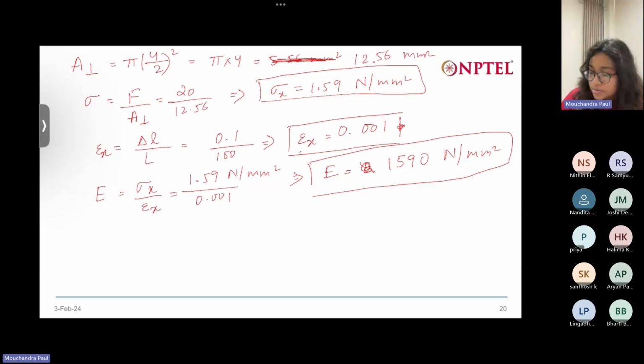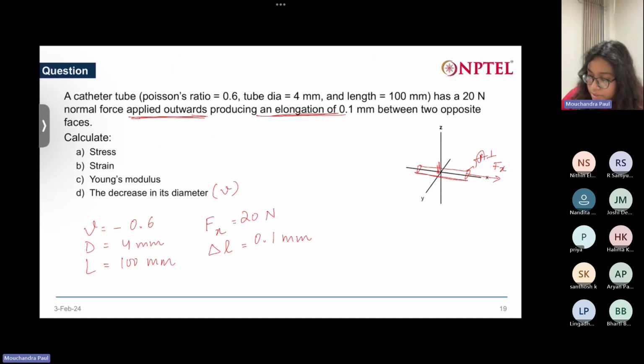Now we have to calculate the decrease in its diameter. For that, we have to take the help of Poisson's ratio. So how will you define Poisson's ratio for this particular object? The perpendicular direction, say, is z here, which is the radial direction. I'm assuming that you can take y as the radial direction as well, but let's work with x and z.